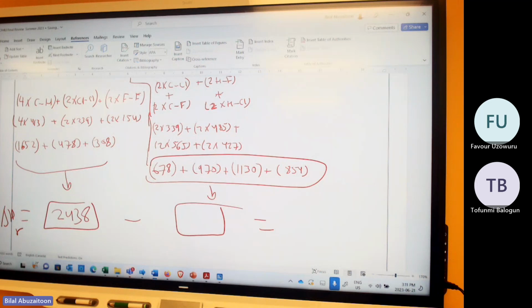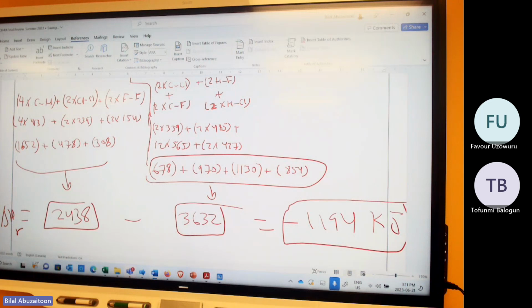Let me know if I made a mistake. 678 plus 970 plus 1130 plus 854 equals 3632. So 2438 minus 3632 equals minus 1194 kilojoules.